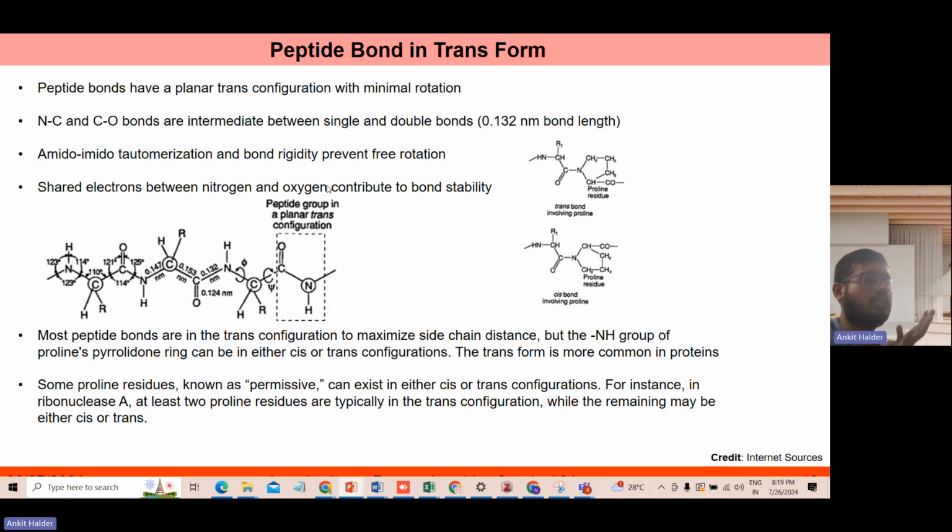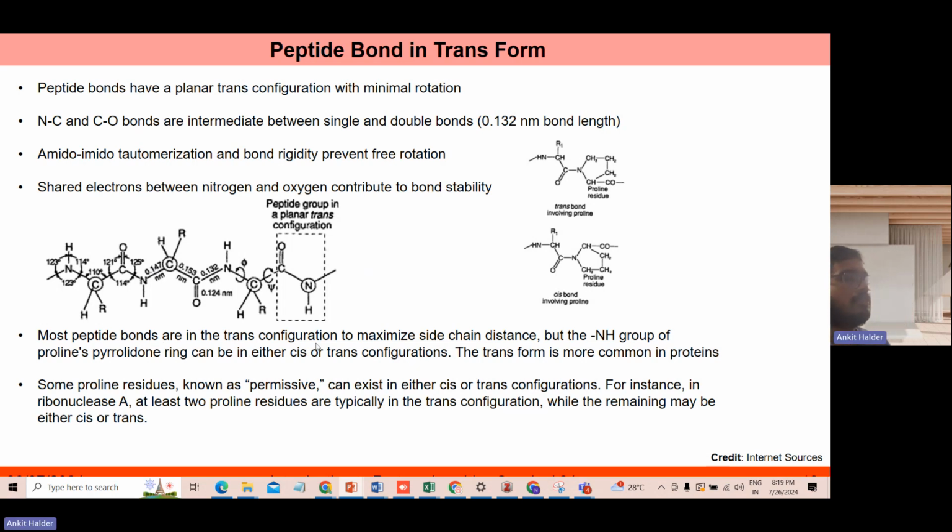So you can understand that the structure of the peptide bond is planar, which is rigid and doesn't allow for free rotation. The shared electrons between nitrogen and oxygen contribute to the bond stability. So you can see that the peptide groups are in the planar trans configuration.